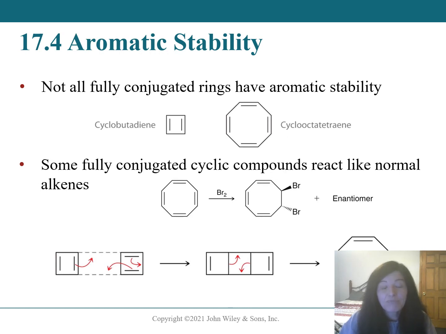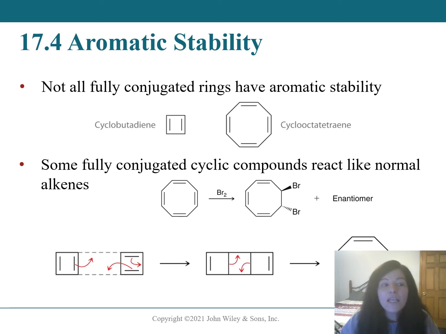Okay. Now, one thing I'm going to point out right now, and you'll see this in the next video, is that not every ring with alternating double bonds will have this aromatic stability. All right.